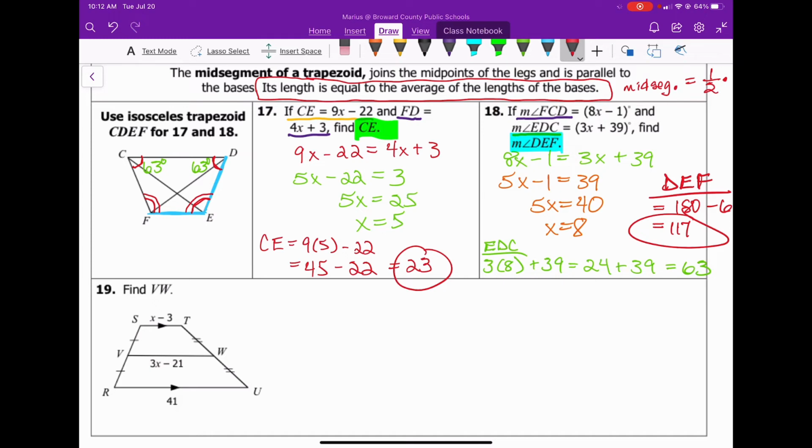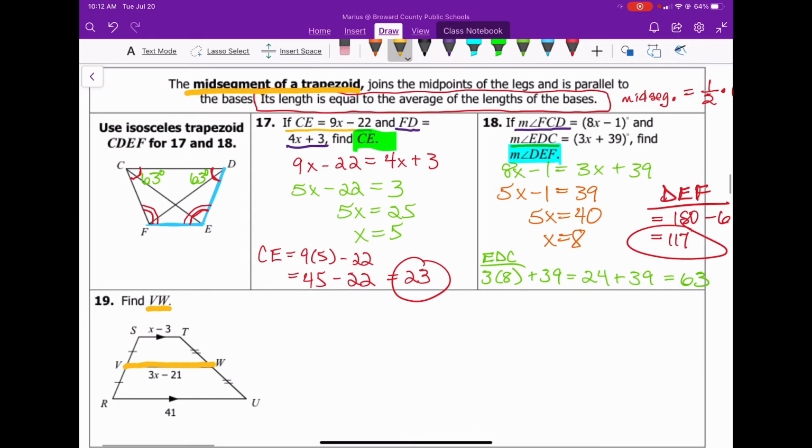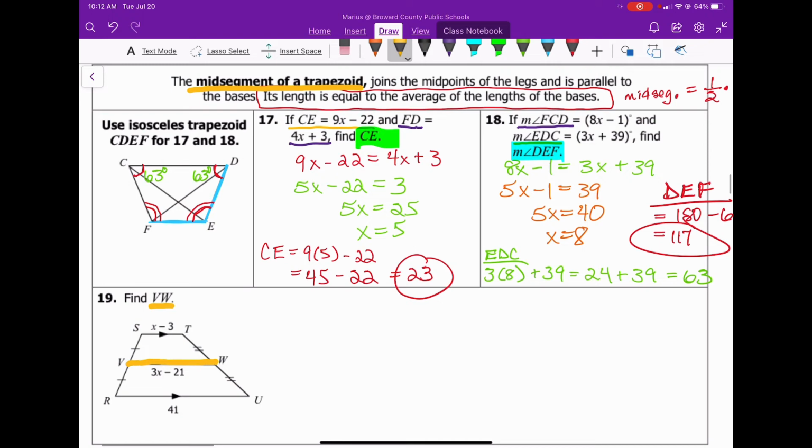Number 19, they're asking us to find VW. Let's underline that a little better. VW. Now, VW is the mid segment. So this stuff up here in that box that I had boxed off in red, that's what we're going to be using now.